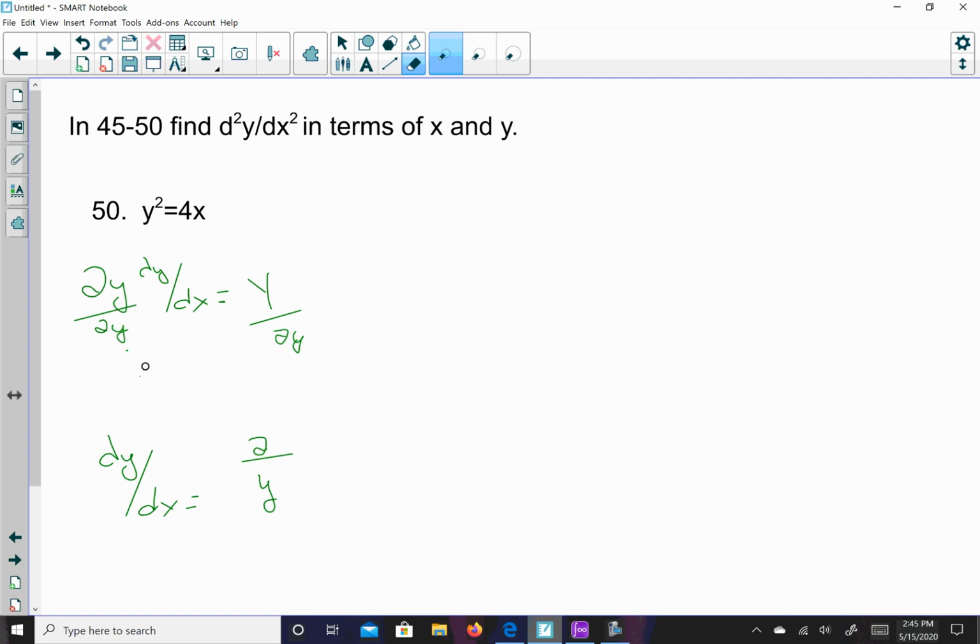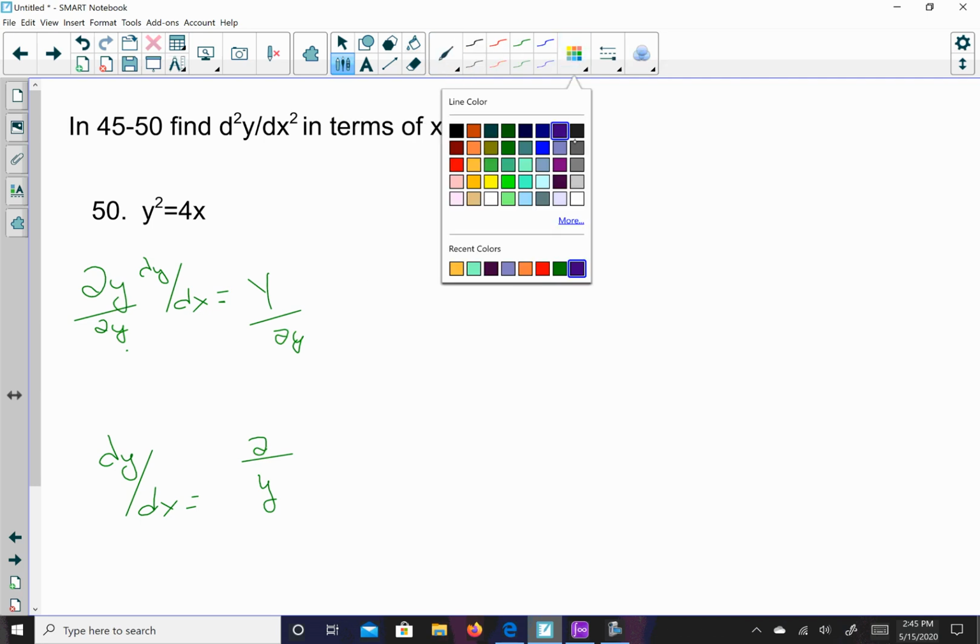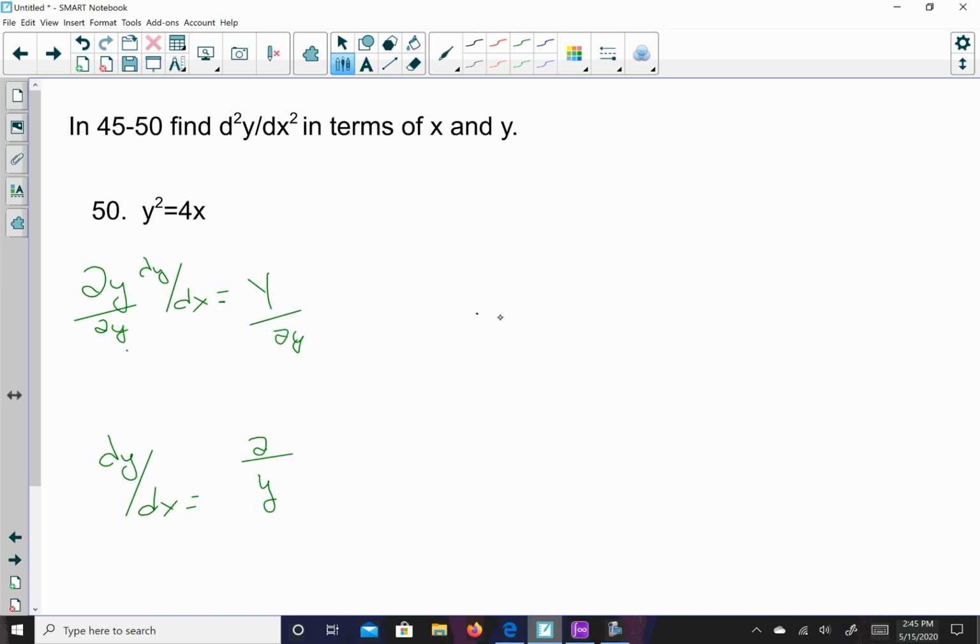Now to find my second derivative, I'm going to take the derivative of the first derivative. So when I do that, I'm going to have 2 times y to the negative 1. I would prefer to think of it that way.